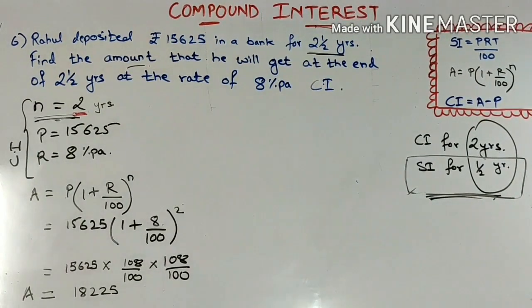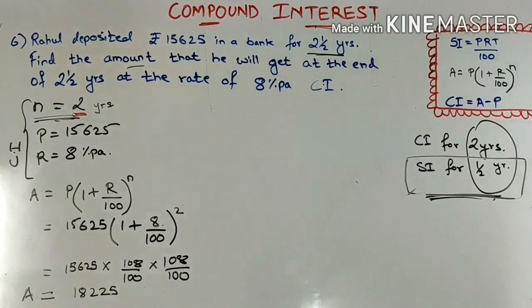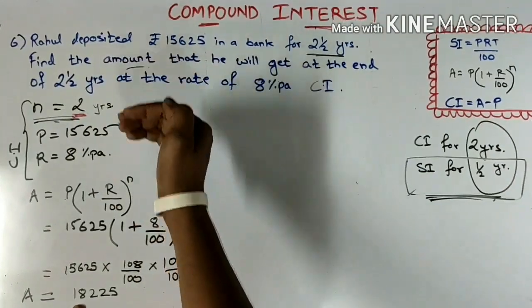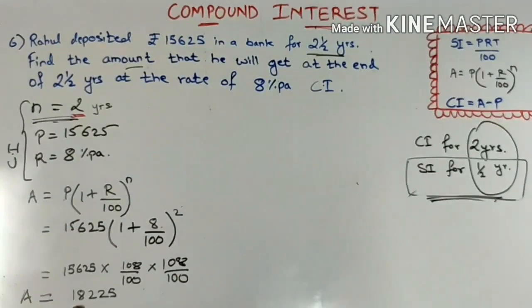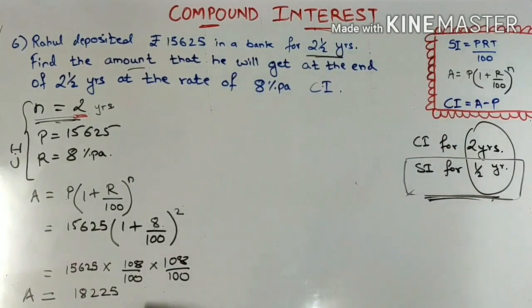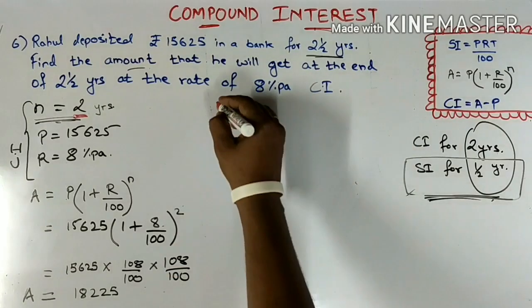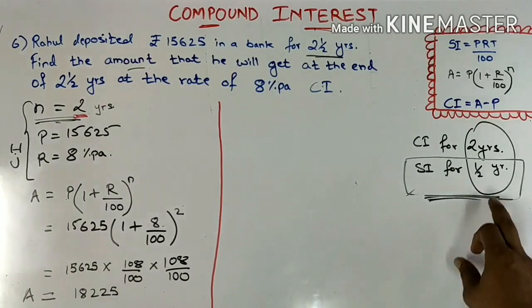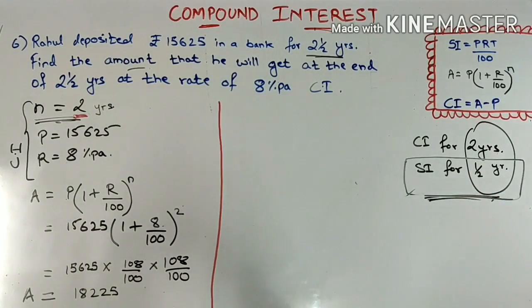This amount is the amount which Rahul is supposed to get at the end of 2 years, but we are supposed to find for 2.5 years. So this amount will be serving to us as the principal amount for my last half of the year.